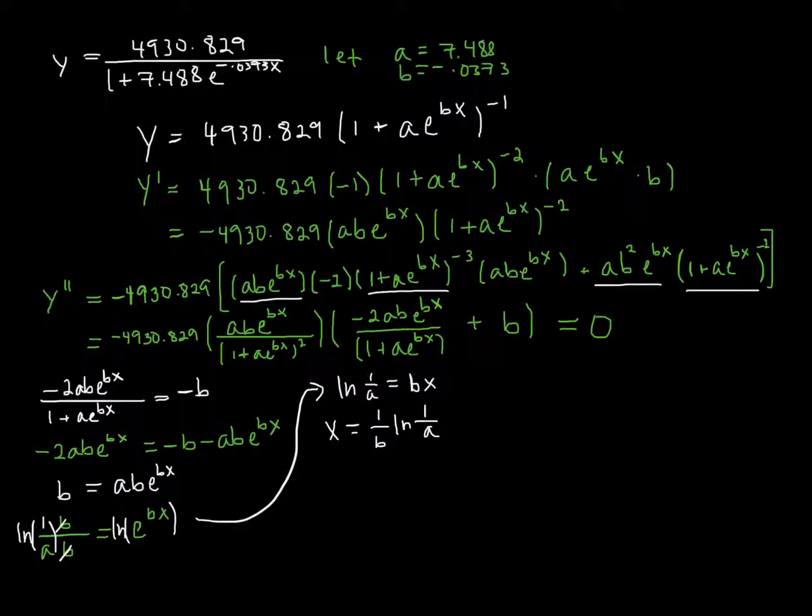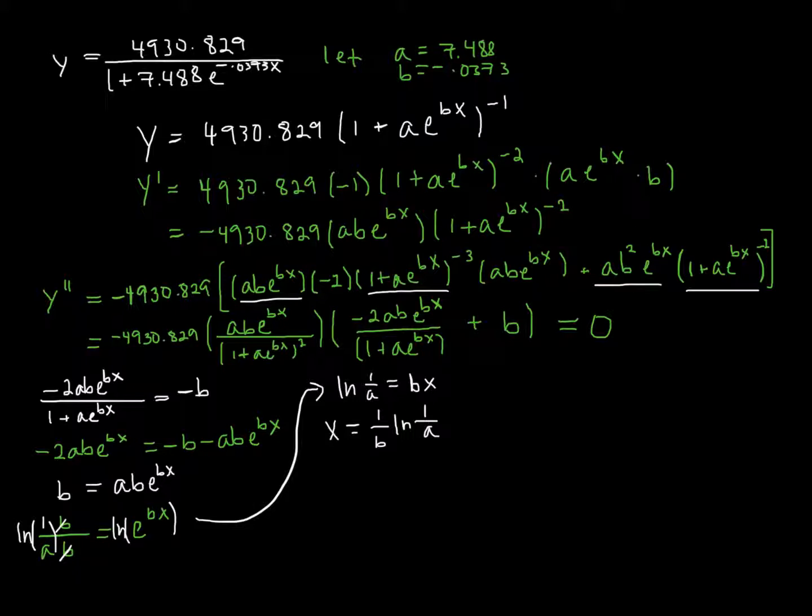And now I can go ahead and put my a and b values back into this equation to solve for x. And I'm going to want to use my calculator for this. And so I'll have 1 over negative 0.0373 times natural log of 1 over 7.488.